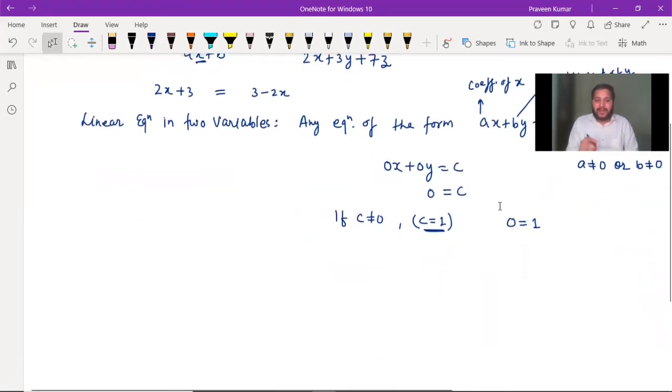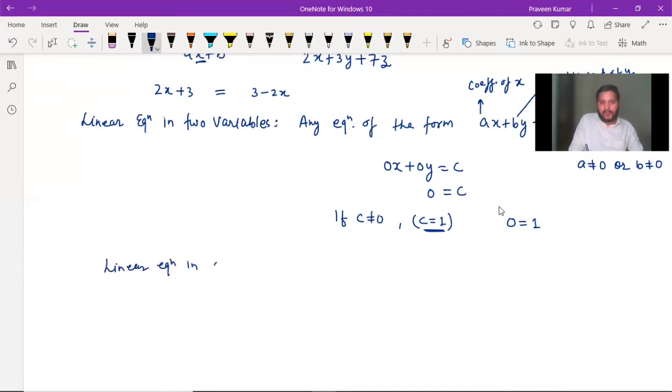Let us write the linear equation in one variable, then we will again come to the linear equations in two variables.